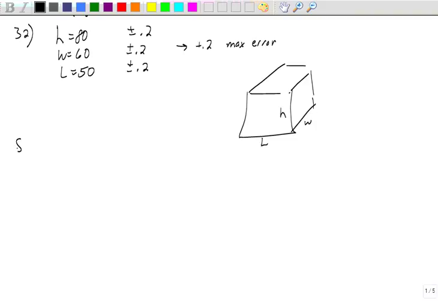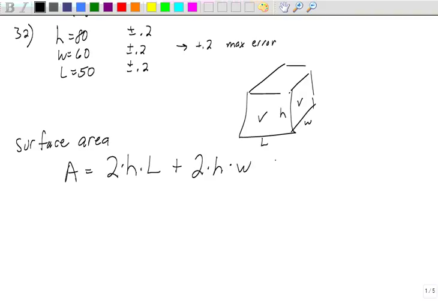If I want the surface area, I have two of these, so 2 times h times L, two rectangles. I have two of these sides, and those dimensions are height and width. And then I have two top and bottom, so that's 2 times the width times the length.